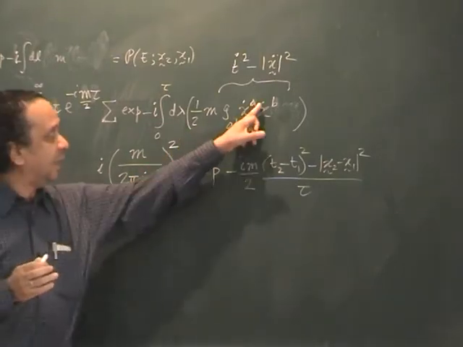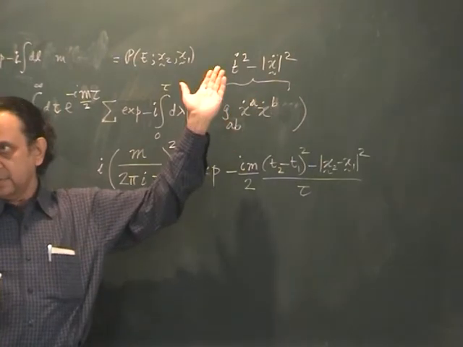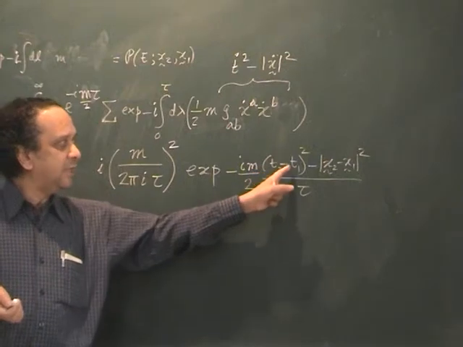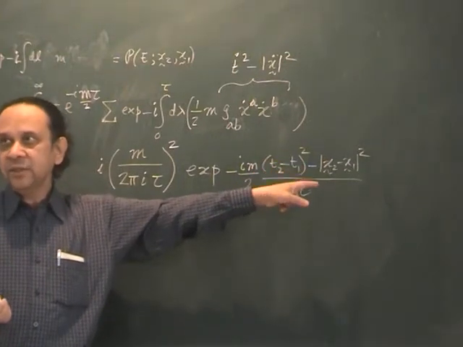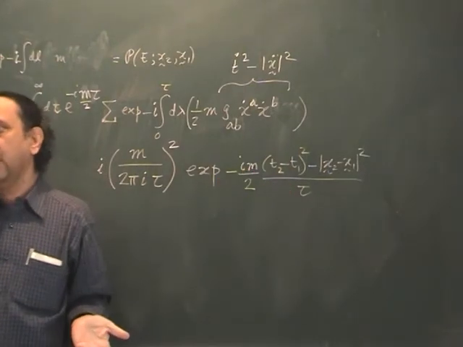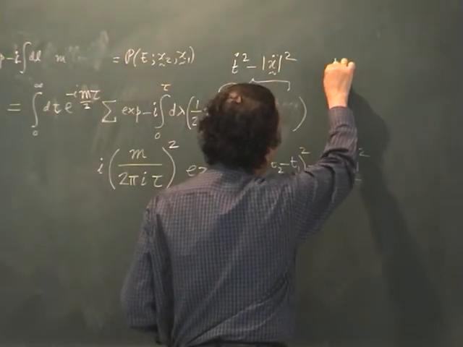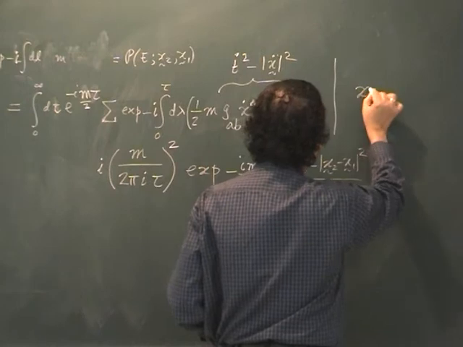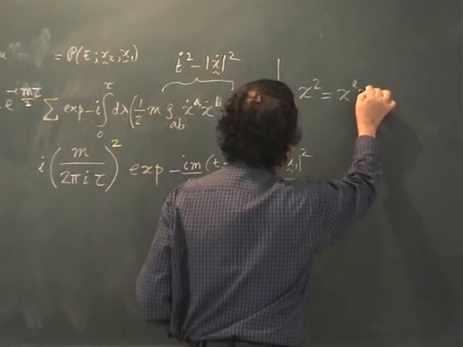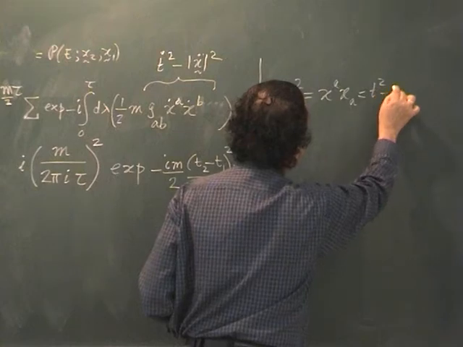So already here I have started using what is known as the summation convention, that if the same index is repeated I am summing over. Here I will again make it more condensed. T2 minus T1 is what we call T, x2 minus x1 is what we call x. So this is t square minus x square, which I will just write as x square. Okay, x you think of as a 4 vector. So a notation like x square, when I use it, stands for x^a x_a, which in turn stands for writing it as t square minus mod x square.